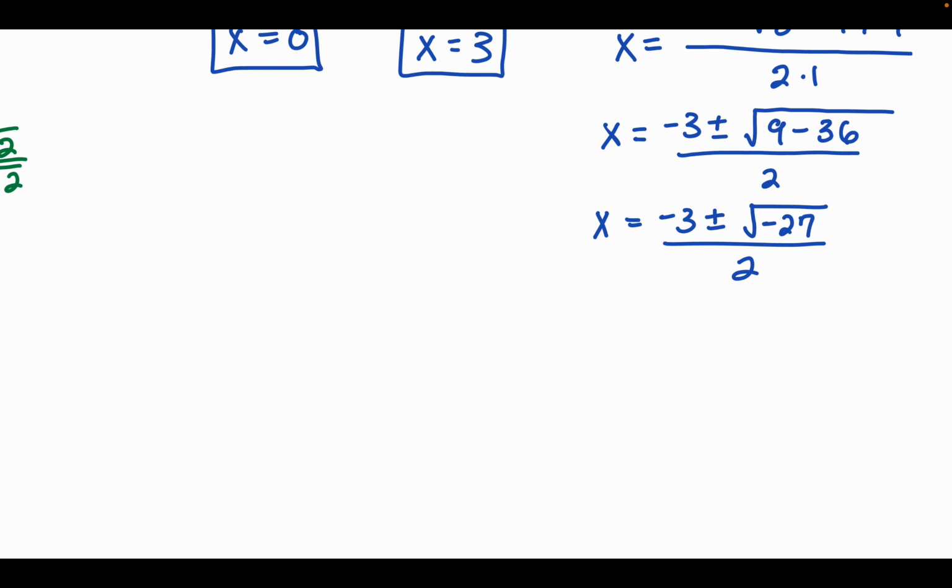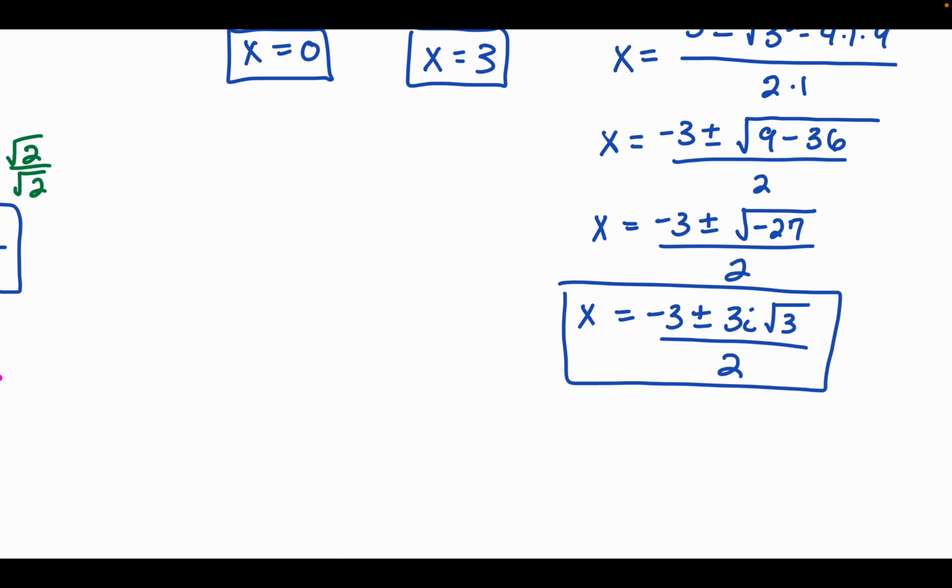Okay, so now we need to simplify this. We need to figure out first how to simplify that square root of negative 27. So I know that 27 has a perfect square of 9 in it. So I'll take the square root of 9 and that'll be 3i. And then what's left on the inside is going to be 3 all over 2. And I actually cannot simplify that fraction anymore. So we're done.